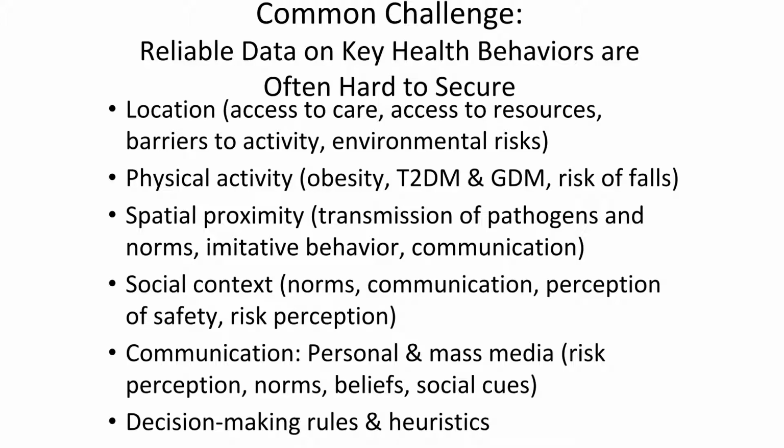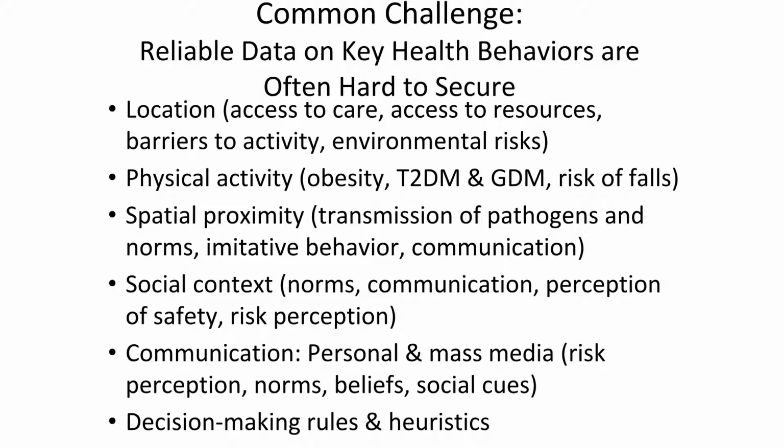These include aspects of people's mobility and their location over time, things that might expose them to, for example, different food environments or built environments. It includes components of their physical activity, which we know since the NHANES 3 study in the States has shown great disparities between what's self-reported by an individual and what physical measures actually pick up.